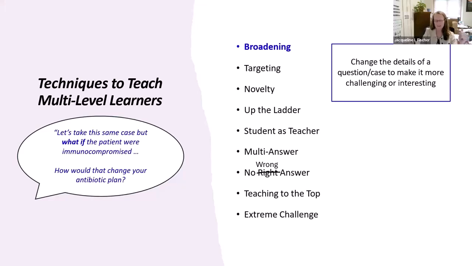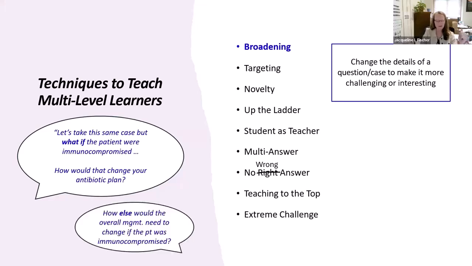And then depending on the size of your team, why stop there? Maybe to the next level of learner, how else would the overall management need to change if the patient was immunocompromised? That way you take the teaching, the presentation, the active part on the learner, and then the questioning beyond just that learner.